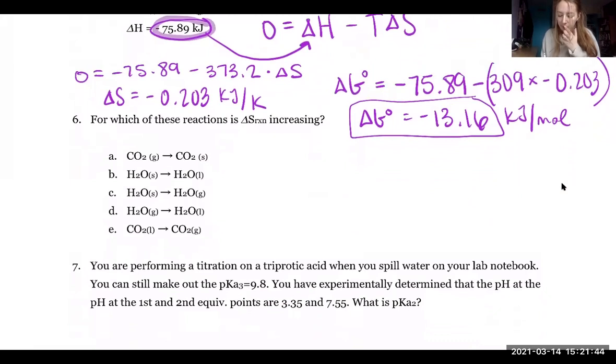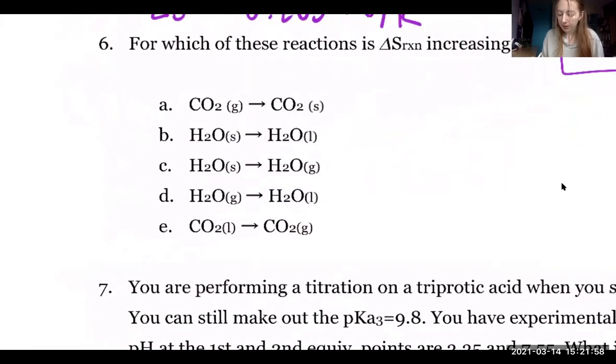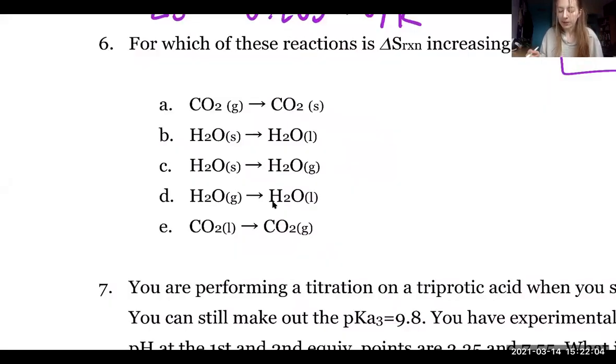So for number 6, we're just going to be choosing reactions that go from a more ordered state to a less ordered state because we have entropy increasing. What kind of entropy? Entropy of the reaction. Here we will see that going from a gas to a solid will be decreasing entropy of the reaction.